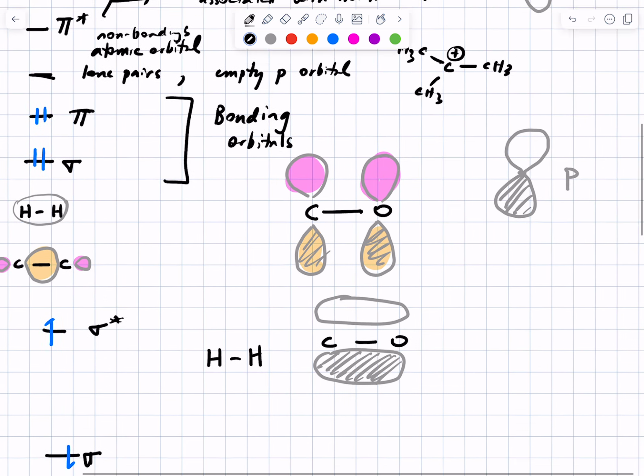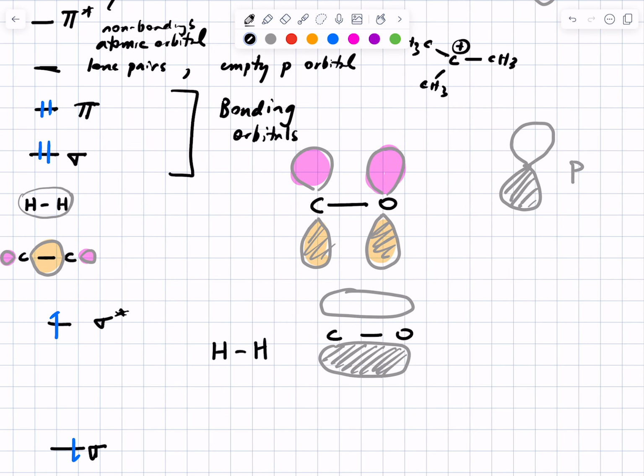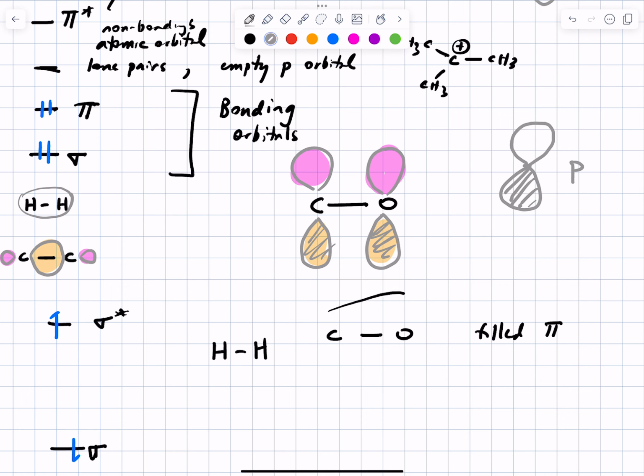The pi star and the pi bonding orbital are a little bit distorted from what I showed you. Oxygen's more electronegative. That means electrons on oxygen are more stable than electrons on carbon are. So the filled pi orbital for a carbonyl group is biased, it leans a little bit towards the oxygen.